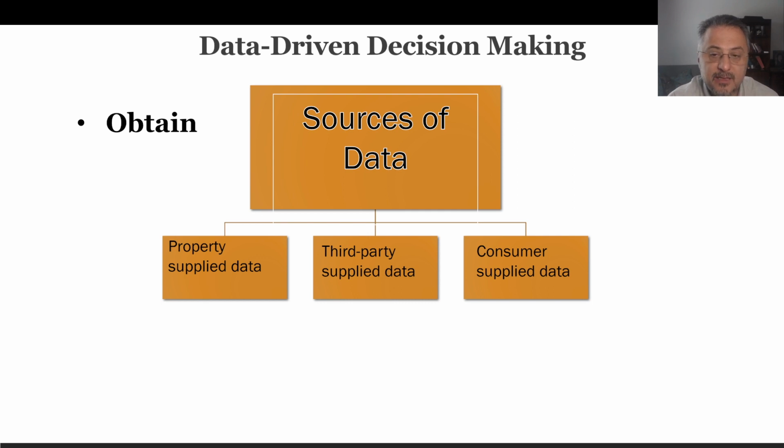Overall, any data, regardless of where it comes from, if it is relevant to your questions and your problem and helps to improve your decision, is good data. Your job, considering the large and varying amount of data available, is to know the sources and types of data available to you. Basically, you need to understand what kind of data is out there, including in your property, and could be available to you.